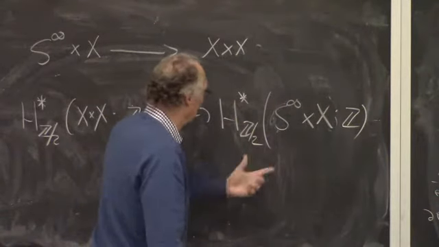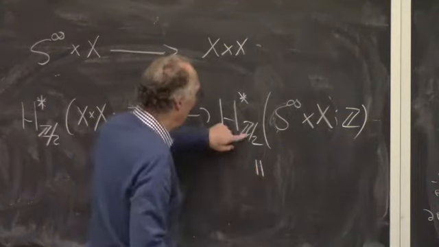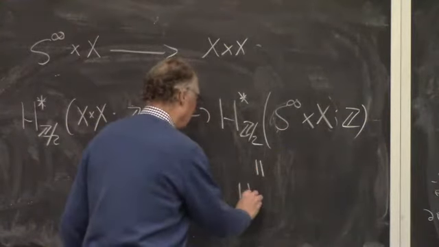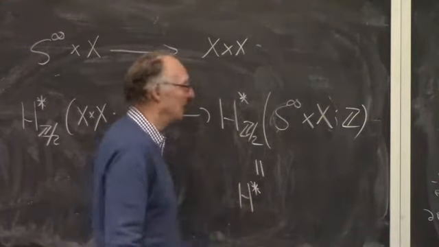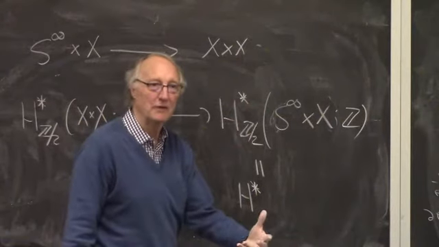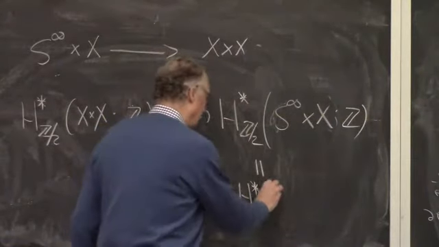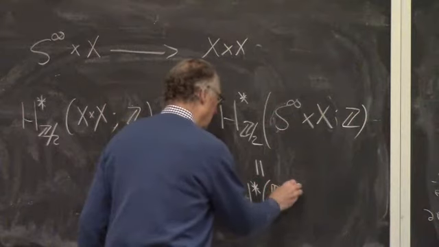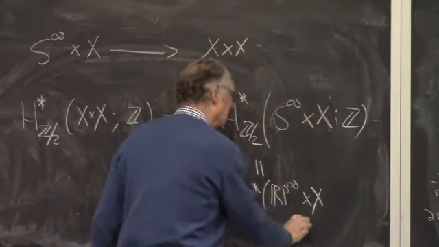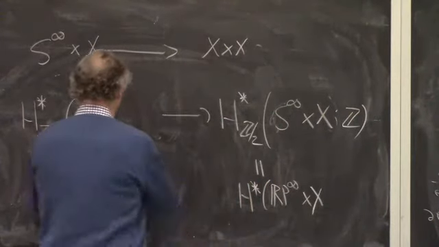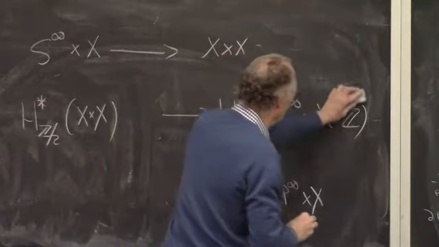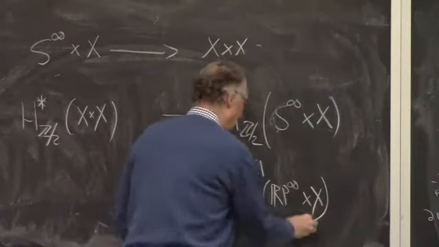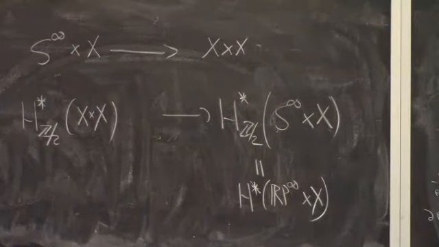However, because the action here is free, this is just the ordinary cohomology of the quotient by the group action, which in this case is RP infinity cross X. Let me leave out the coefficients, because I'm going to switch it. So far everything works with all coefficients.